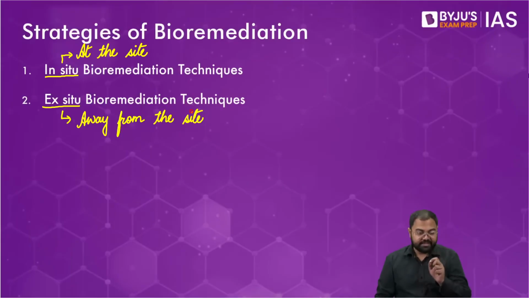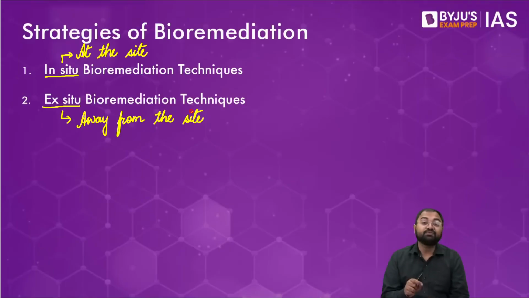When we say in situ bioremediation techniques, we mean the kind of bioremediation that is carried out at the site of contamination. Wherever contamination has happened, wherever you see some kind of pollution, we try to solve the problem there itself. In that case, it is called in situ bioremediation.